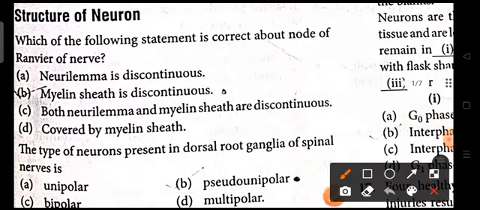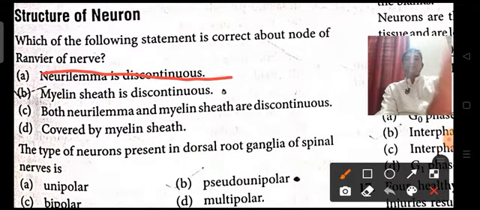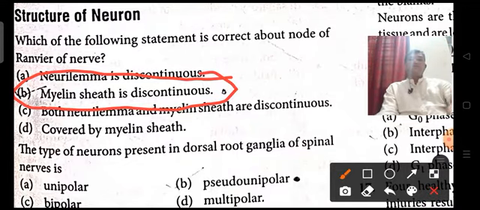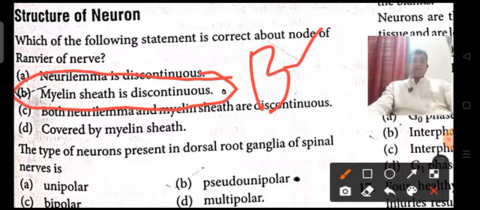So the answer is that the myelin sheath in the nerve cell is discontinuous. Option B is the right one.